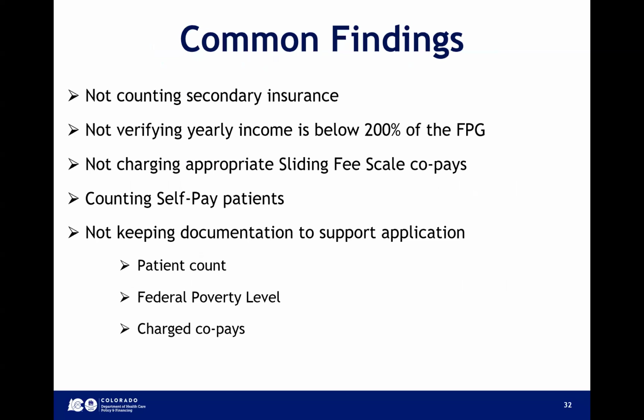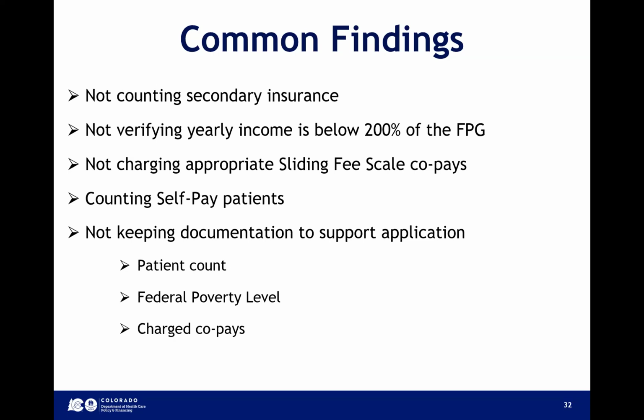Some of the common audit findings that we come across are not counting secondary insurances, not verifying yearly income is below 200% of the federal poverty guideline, not charging the appropriate sliding fee scale copays, counting self-patients, and not keeping your documentation to support your application.